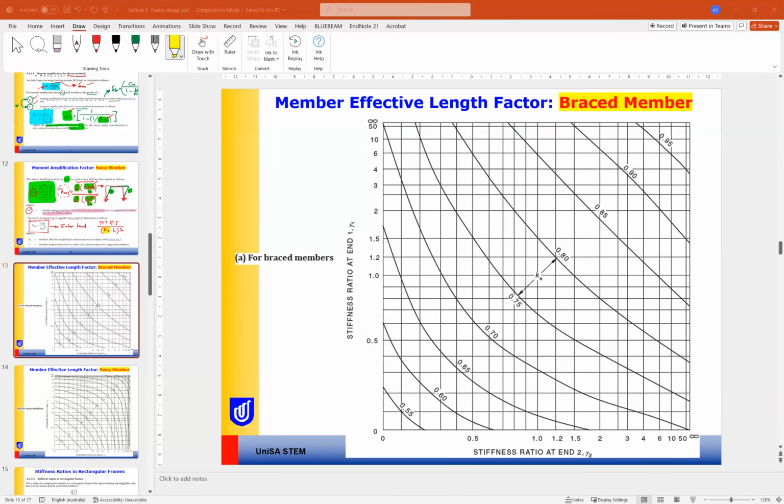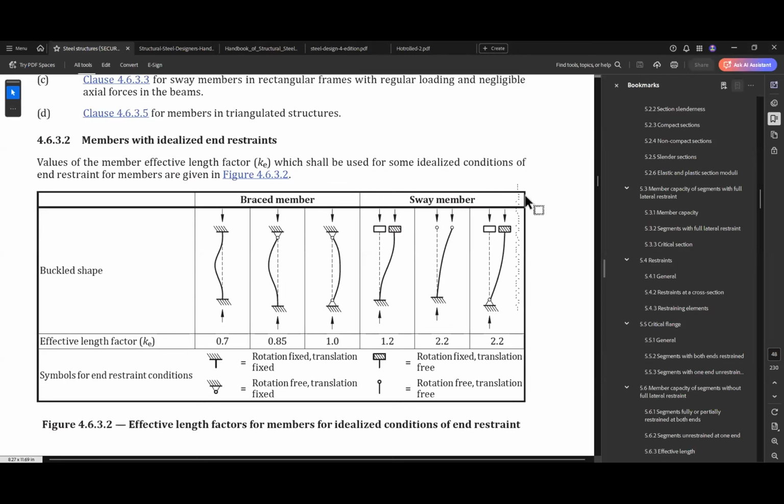Okay, if we open the standard, here is the member effective length factor Ke using this table. But this table is only for idealized conditions. So it is a simplified or approximate method to find Ke.